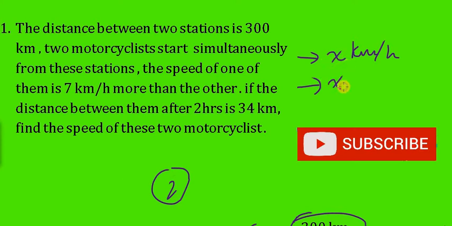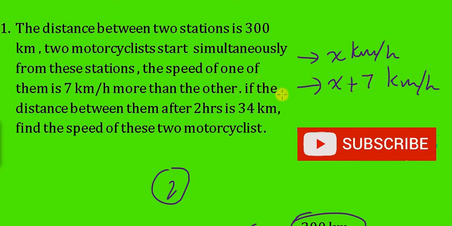So that means x plus 7 kilometers per hour, isn't it? So one motorcyclist would have x kilometer per hour speed, and the other motorcyclist would have a speed of x plus 7 kilometer per hour.